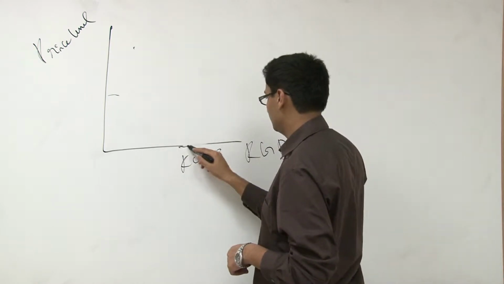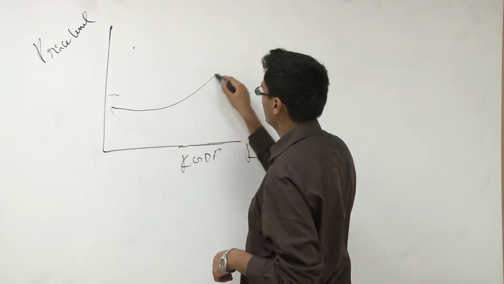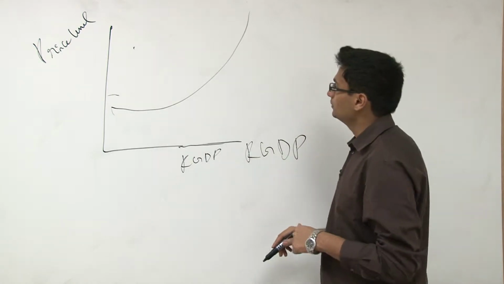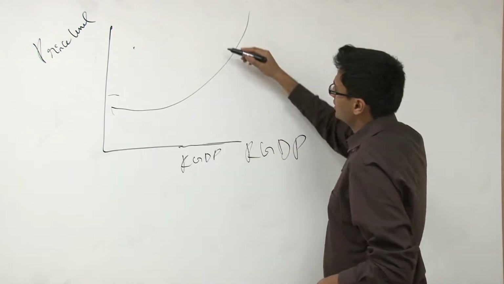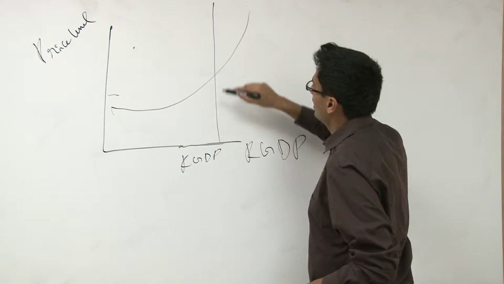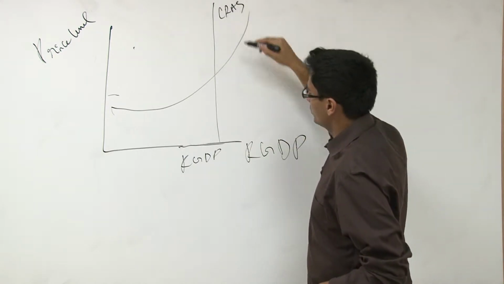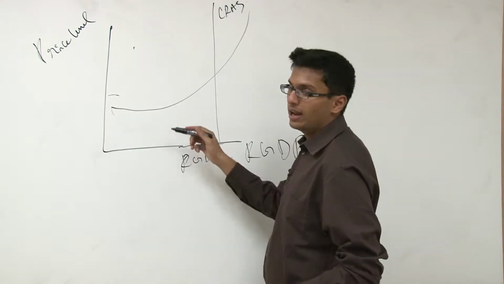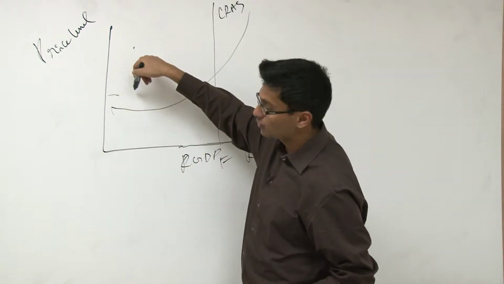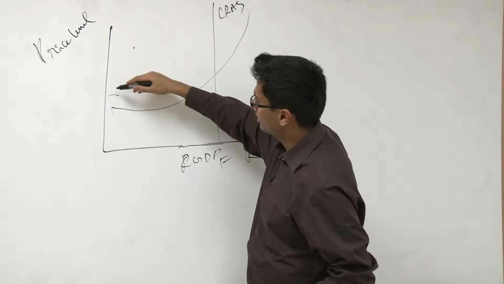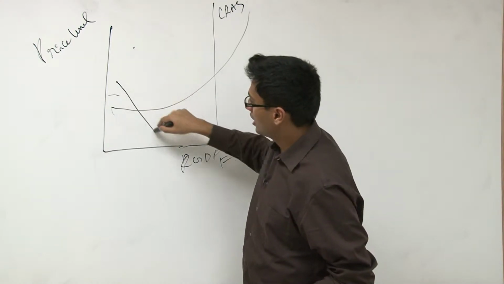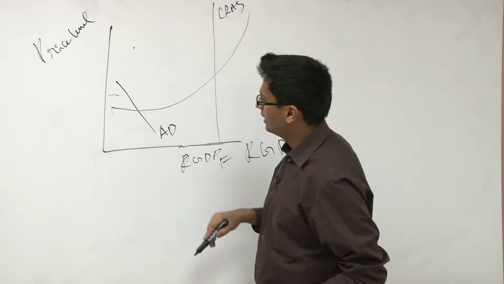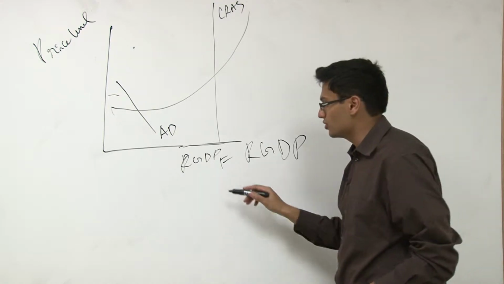Let's have this SRAS graph again. It looks like that. And let's have the LRAS, which we've seen before, operating at RGDP-F, which is full employment. And let's say our AD is in the recession, which we said is zone 1, the flat zone. AD comes right about here, and basically we're in a recession, low GDP.